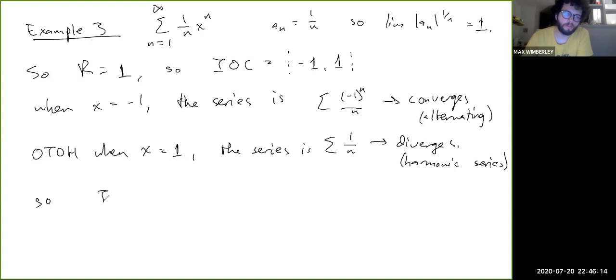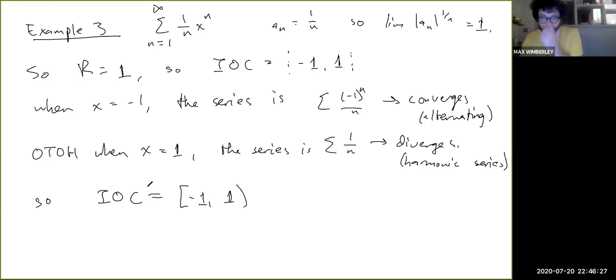So the interval of convergence is, in fact, oops, it's closed on that side, -1 to 1 open. Okay. So that's an example where the interval ends up being half open, half closed.